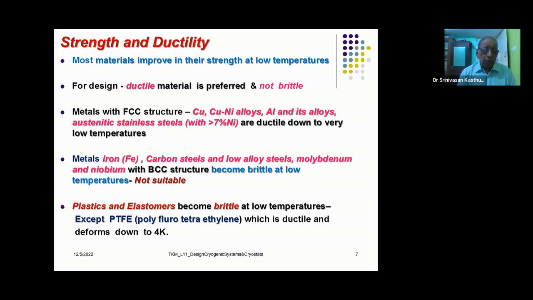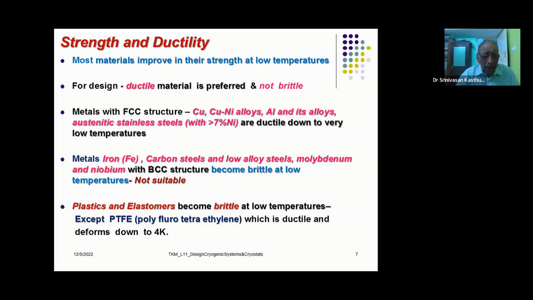Say, metals with FCC structure, face-centered cubic structure, copper-nickel alloys, called cupronickel, aluminum and its alloys, austenitic stainless steels, normally these steels will have nickel greater than 7%. They are ductile down to very low temperatures. So they are quite suitable, for example, for making cryostats or cryogenic systems.